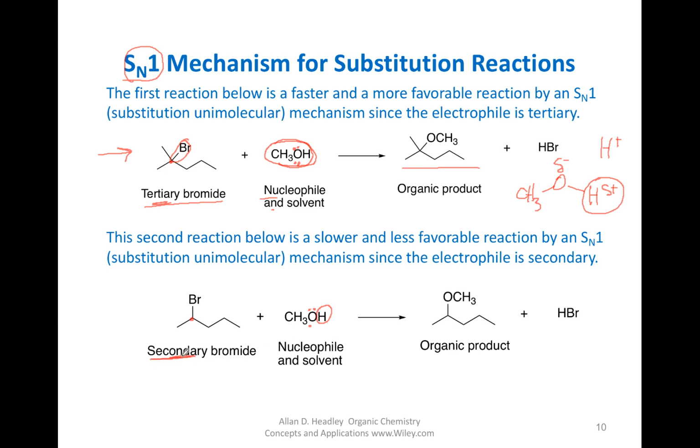This is secondary, so that could go by SN1 or SN2, but this is a giveaway that it will not go by SN2 but will go by SN1 due to the solvent. The product, as you can expect, is here where the bromine leaves as a bromide, and the H here is bonded to form HBr.